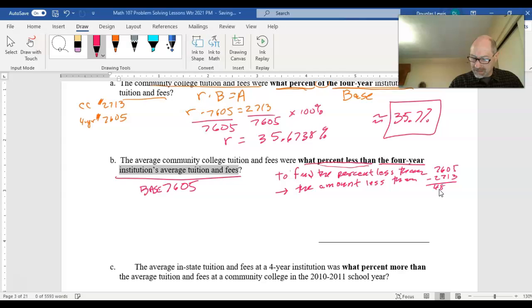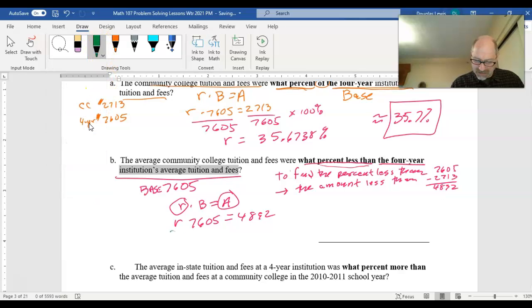Which is 48.92. So that is our amount less than. So remember, if R times B equals A, if I want the rate or the percent less than, I need to know the amount less than. And our base is 76.05, and 48.92 is R. And so we do the same thing again.